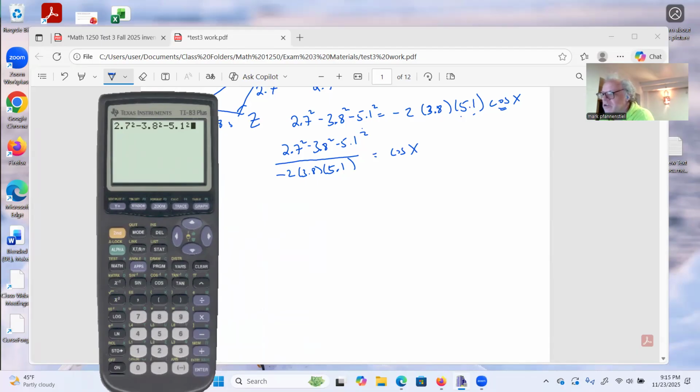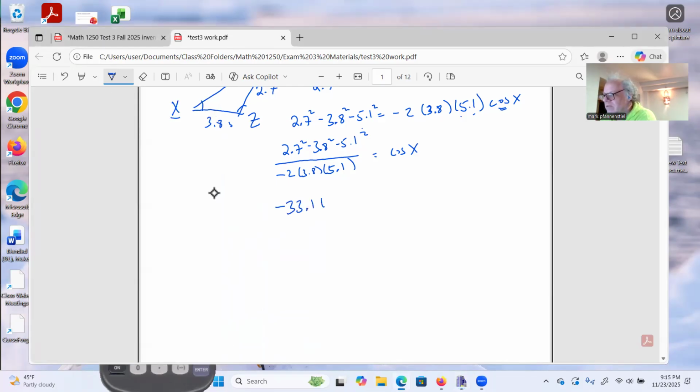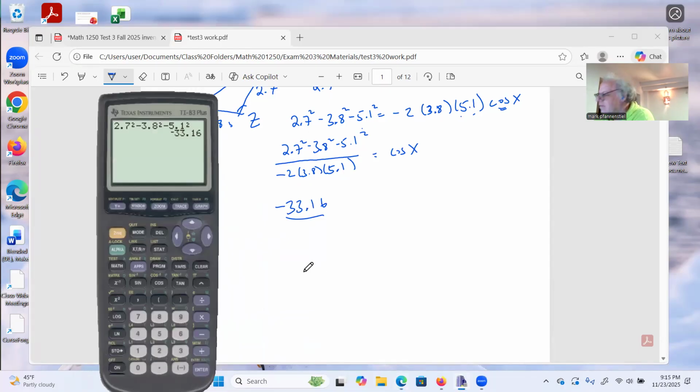I'm just going to do the numerator here. That's equal to negative 33.16. Divided by, let's do the bottom: 2 times 3.8 times 5.1. It's negative, by the way, but we'll go ahead and know that.